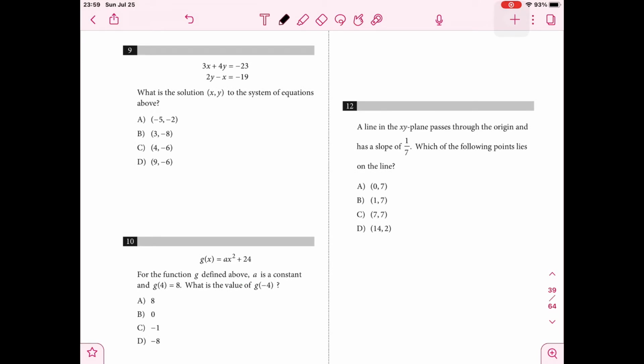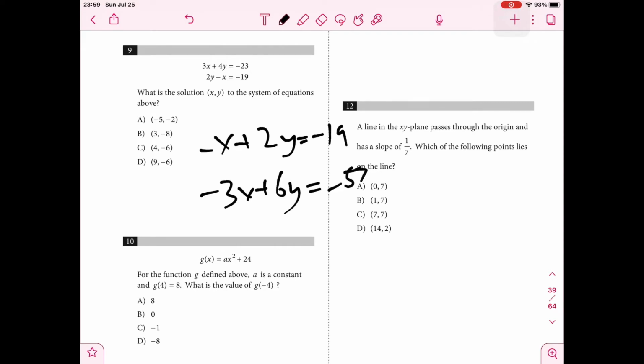9, what's the solution to the system of equations above? That's a great question. Solution. Okay, why am I tripping here? Okay, yeah, so I just need to cancel out. So that's also negative x plus 2y equals negative 19. So I multiply by 3 now. That's negative 3x plus 6y is equal to negative 57.